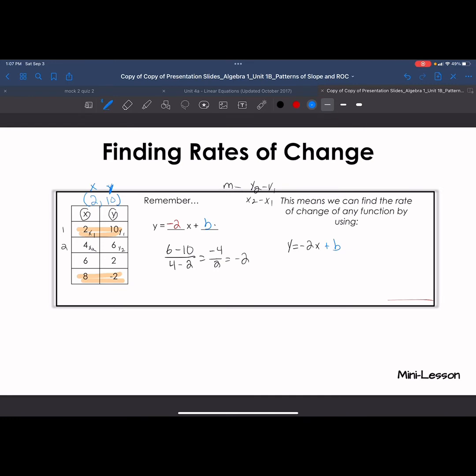In this case, y equals 10, negative 2 times 2 plus your b. Negative 2 times 2 is negative 4 plus your b. If you add 4 to both sides, you get b equals 14. So we get the same b value if we solve it algebraically, 14.